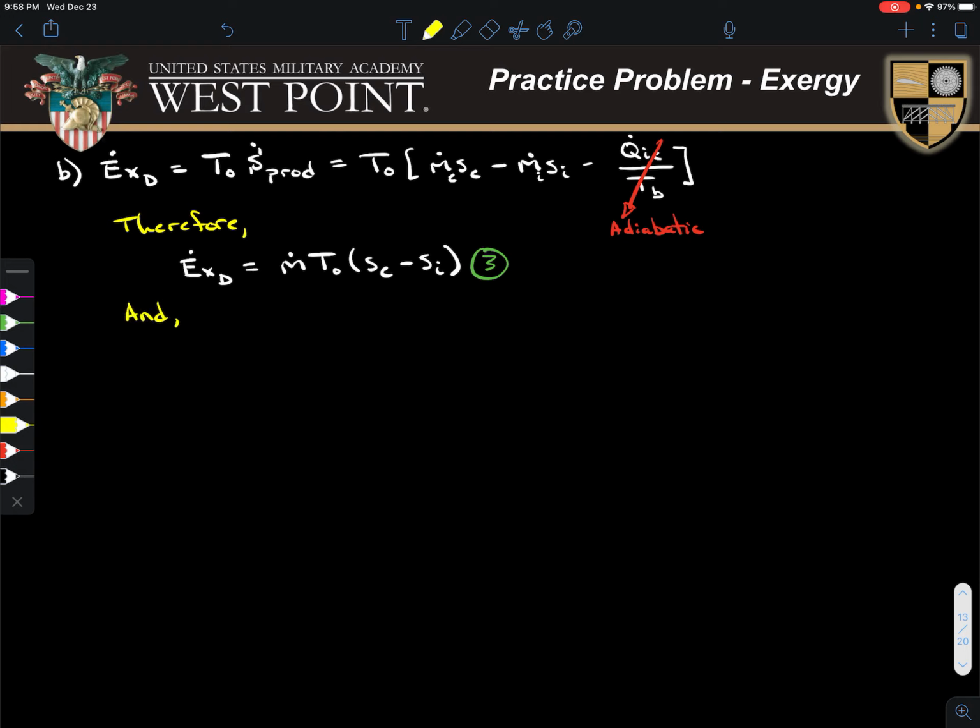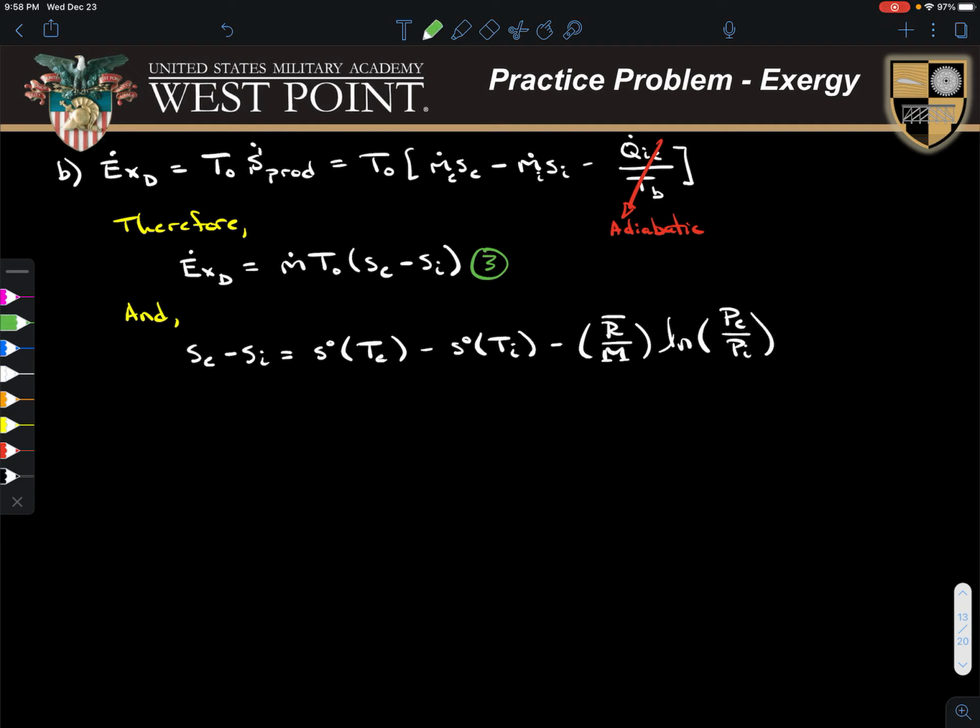Okay, and then we're also going to say, and, again, using those very helpful RDC equations, we have a difference in our entropy terms. And this is, again, for an ideal gas with variable specific heats. Notice how we can still use this equation when we previously used it.